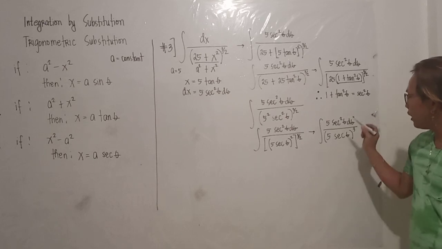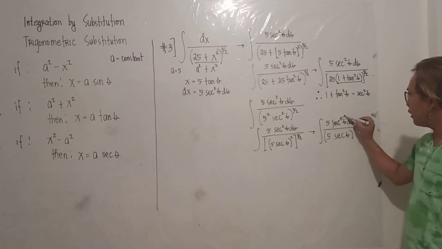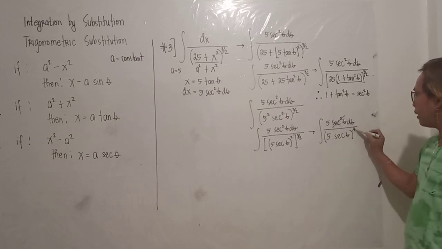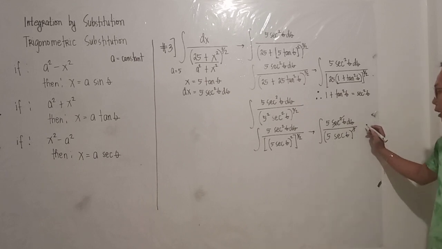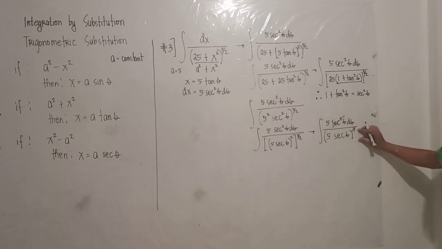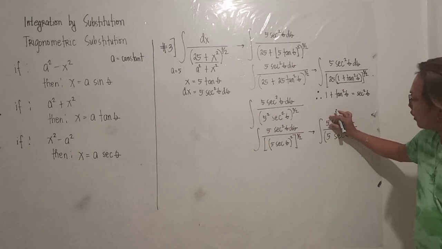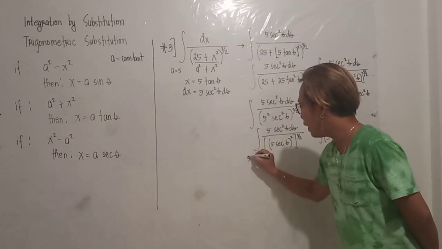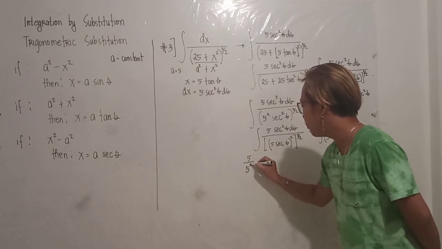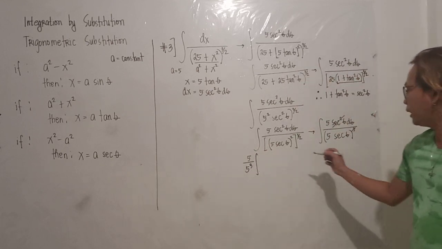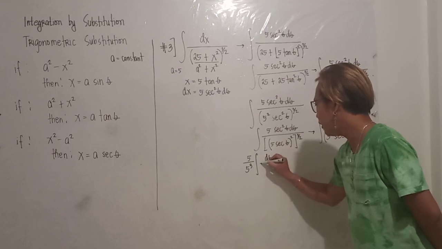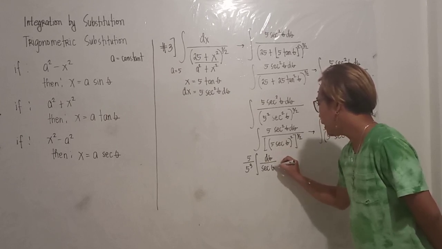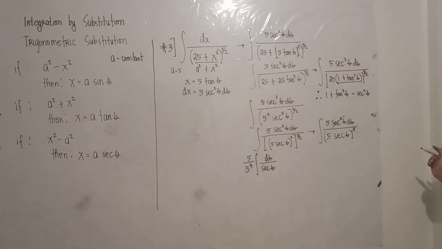So you have to evaluate secant squared tapos secant cube. Ang matitira na lang is isang secant. So you have a constant of 5 over 5 cube. So you will now have 5 over 5 cube integral of d theta over secant theta.